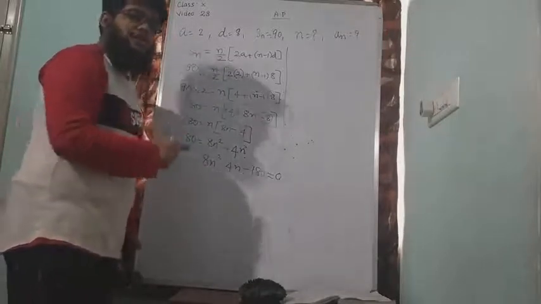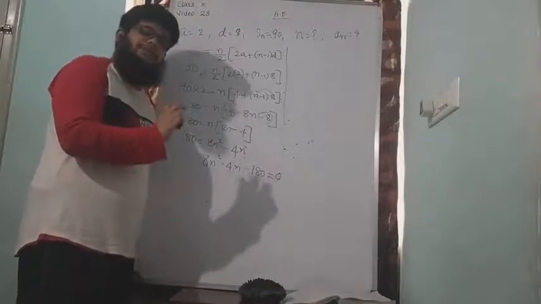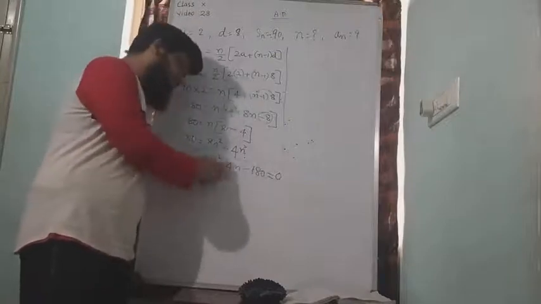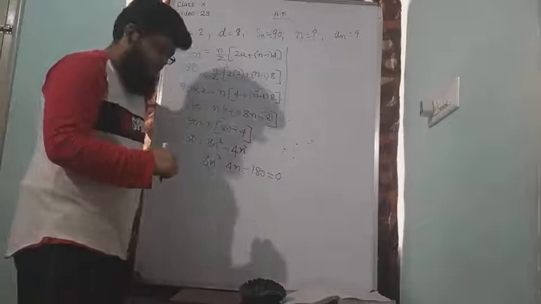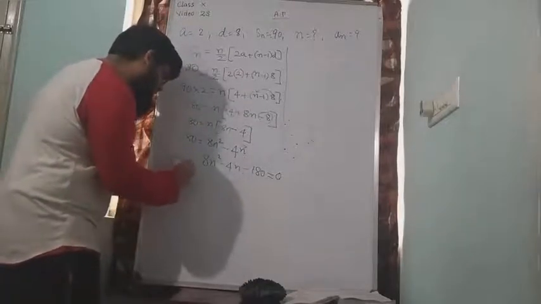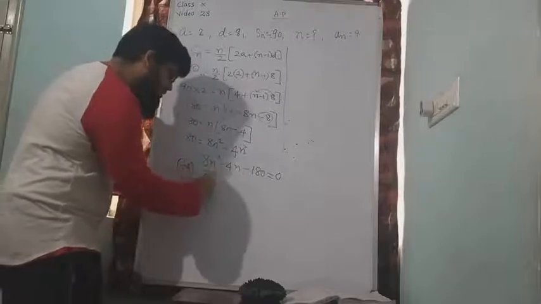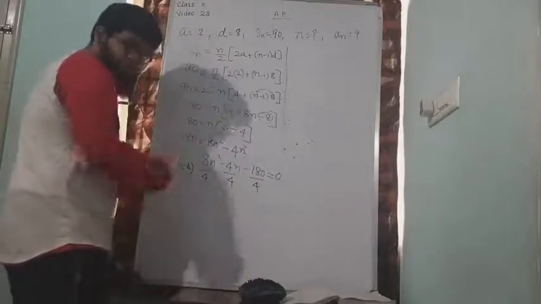So what should we do whenever we have a quadratic equation? It is better if we see, can we divide this quadratic equation with some common table in which all the 3 terms will come and you can divide them and make them smaller. So now I will divide this entire equation by 4. Okay. So that means if I divide this by 4, this by 4 and this by 4, the whole equation you should divide.